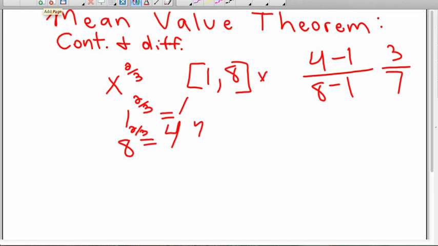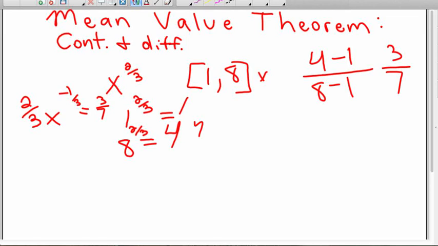Now you find a point where your derivative equals 3/7. So first we find our derivative, which is 2/3 x to the negative 1/3. You set that equal to 3/7 and solve.